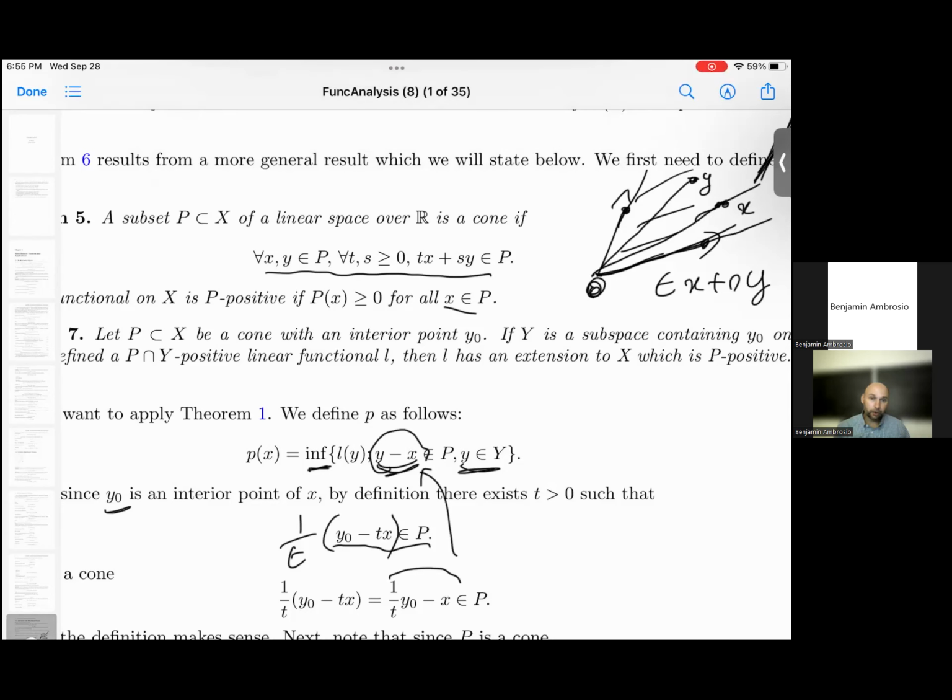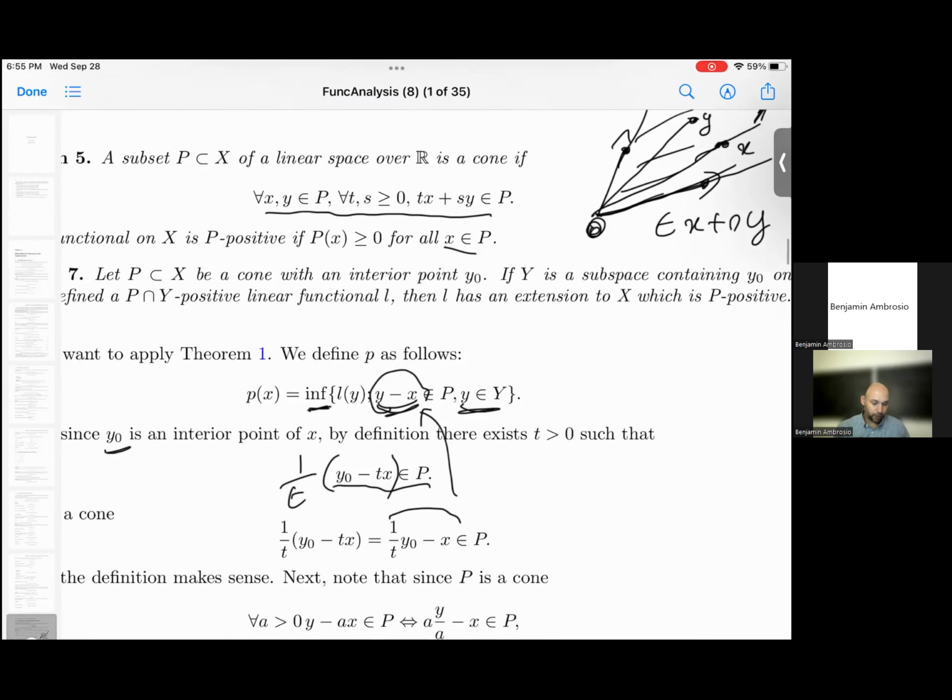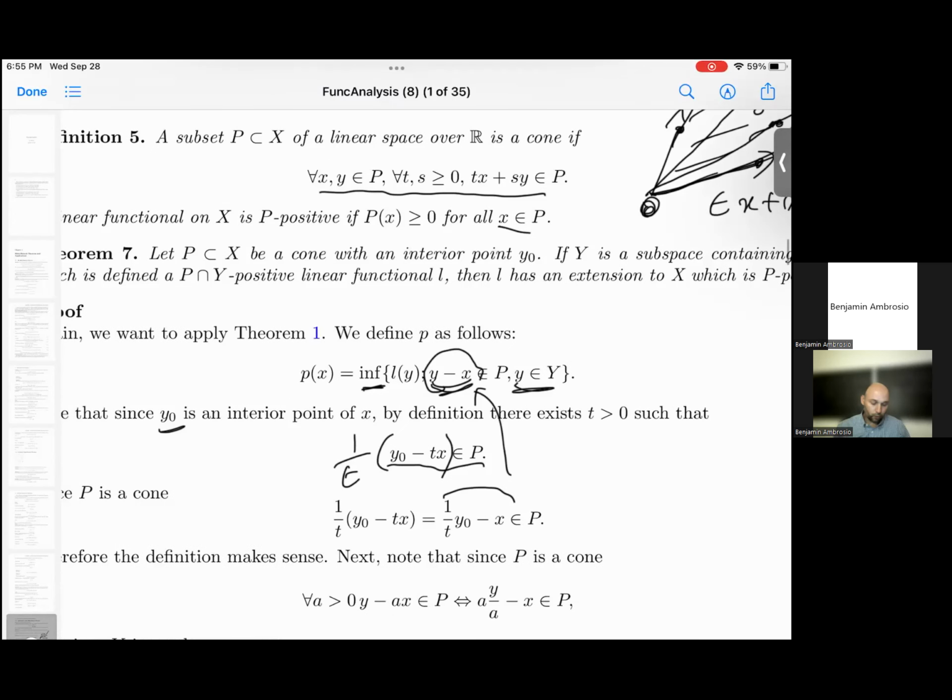So now, for all x, you can choose a y, which is written as y0 divided by t. And in this case, there exists such a t such that y0 divided by t minus x belongs to P. All right.